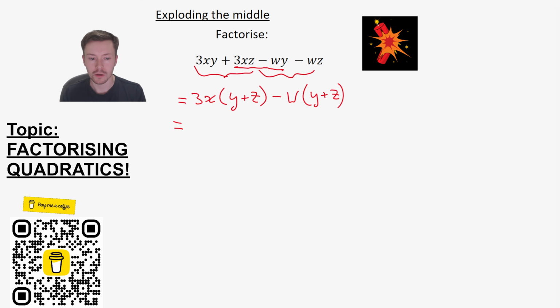Now I've got this bracket as a factor of both my two terms, so I'm going to factorise that out, y plus z, and then I've got 3x minus w. We just skip the middle bit out, which is quite ironic considering this is called exploding the middle. So that'll be our answer. That's fully factorised now.